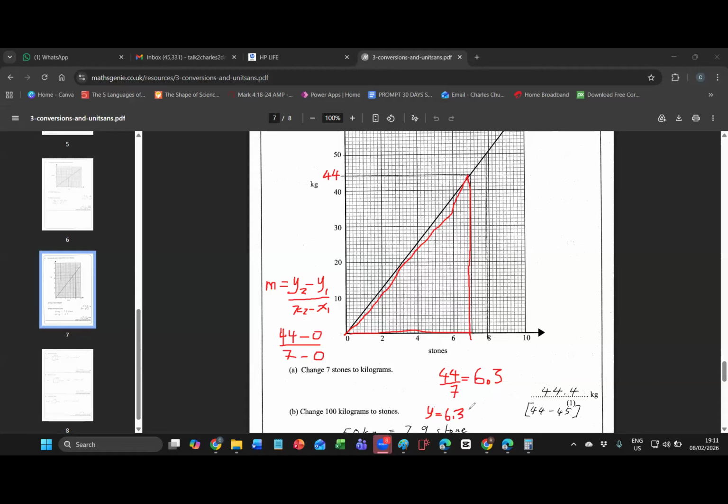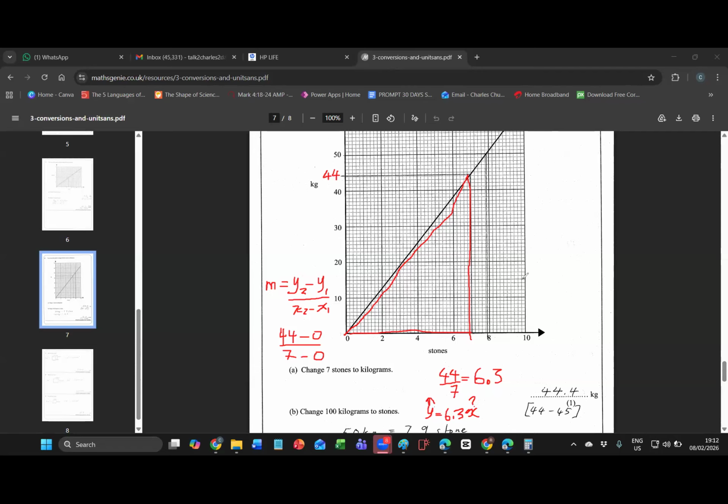Now remember that x is on what axis? The stones axis. And they're asking me to convert kilograms to stones. Take note, kilograms is y. So in other words, this time they are telling us what y is, and they're asking us to find what x is.